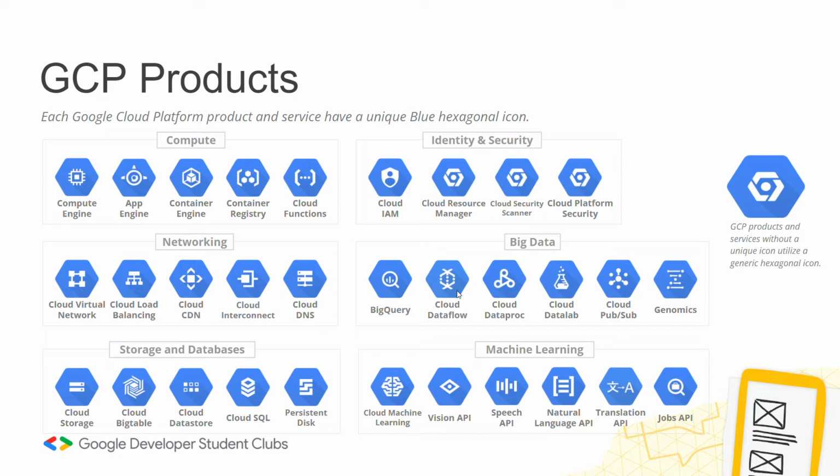Then for big data we have BigQuery. BigQuery is, we can say, the data warehouse of Google on cloud. For unstructured data you can go with Cloud Storage, and for managed relational databases there is Cloud Spanner. So we have Cloud Storage, Cloud Spanner, and many services.